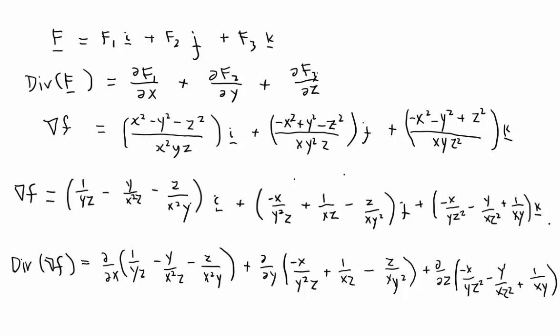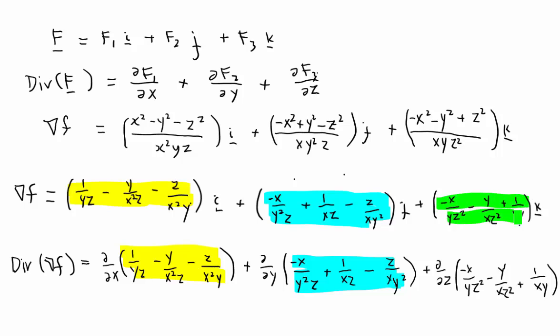So the divergence of the gradient of f is the partial derivative with respect to x of the first term, then the partial derivative with respect to y of the second term, and then the partial derivative with respect to z of the third term.